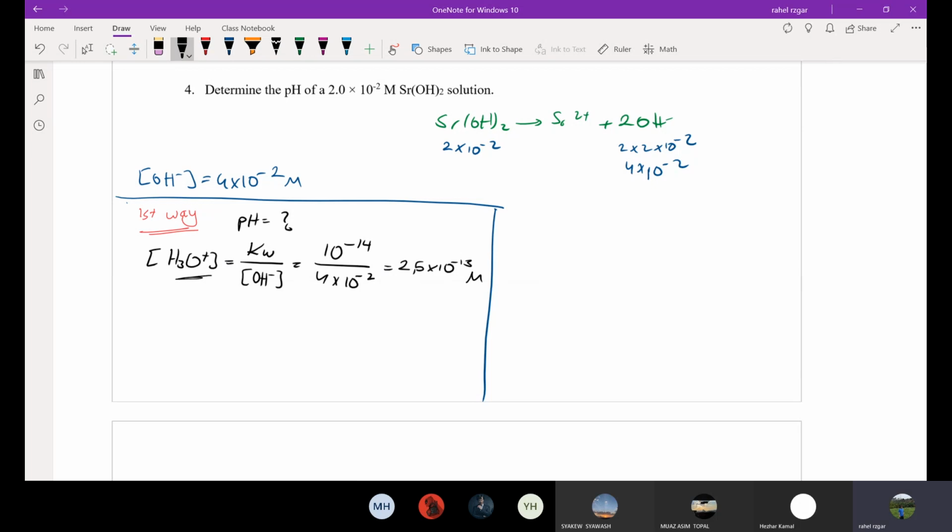Now we got H3O. If we have H3O, then it's okay. We can find pH, minus log of H3O, equals minus log of 2.5 times 10 to the power of -13, and it's equal to 12.6.